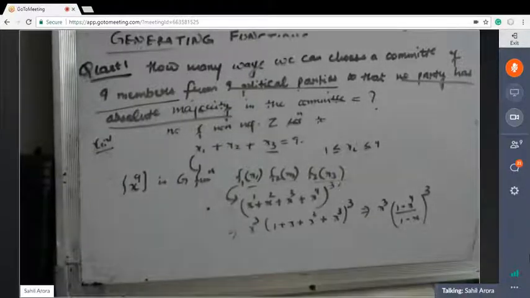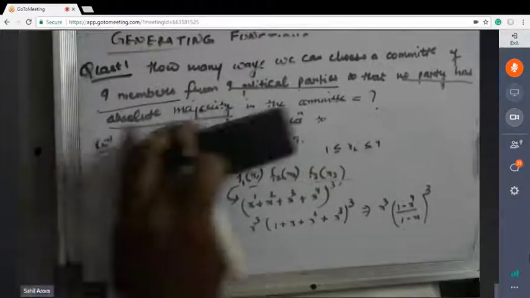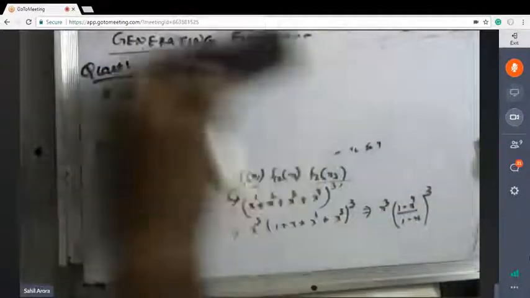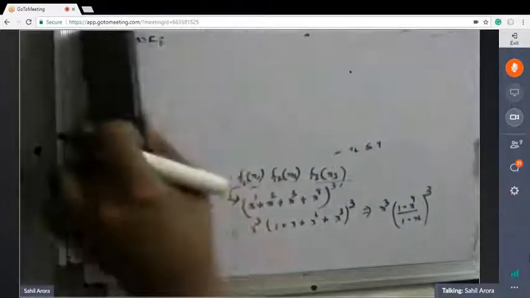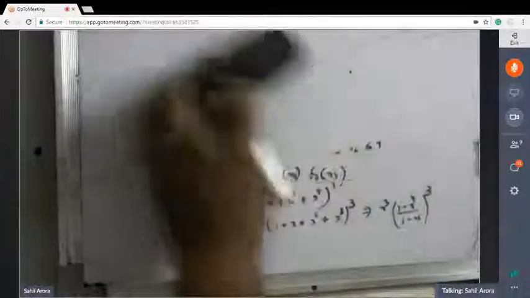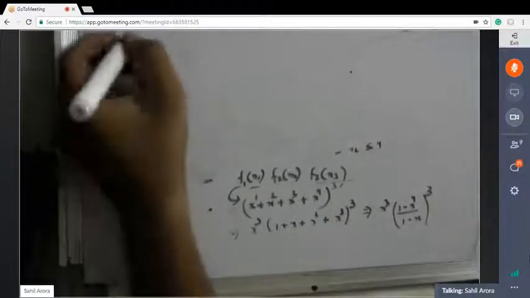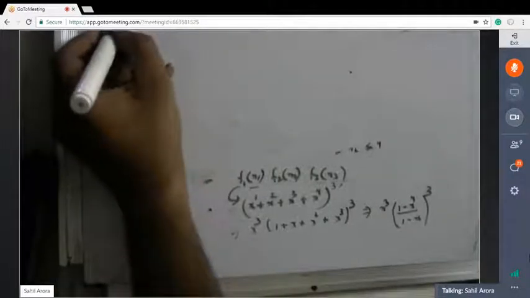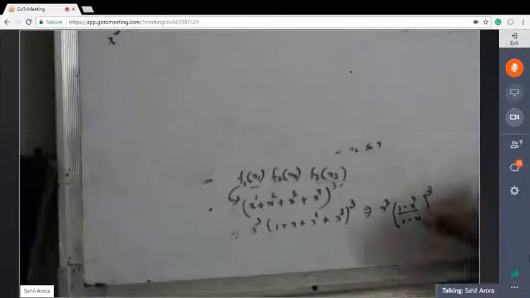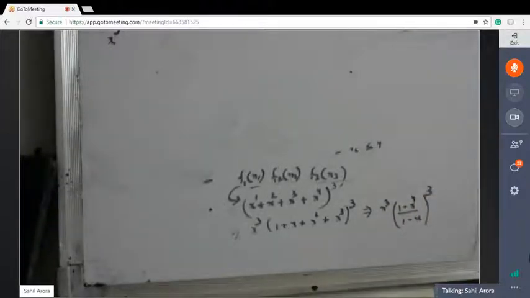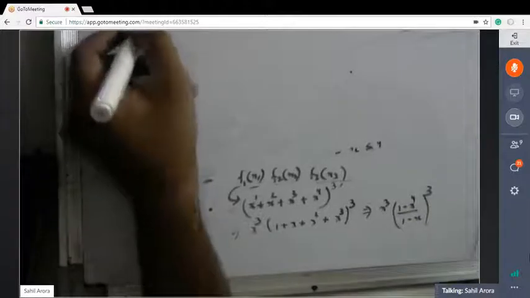So let's solve it further. I'm writing x cube as it is. Now (1 minus x power 4) whole power cube: we can expand it with our generalized theorem.